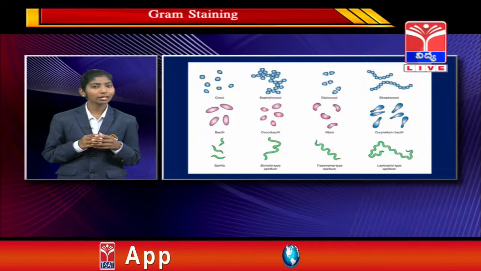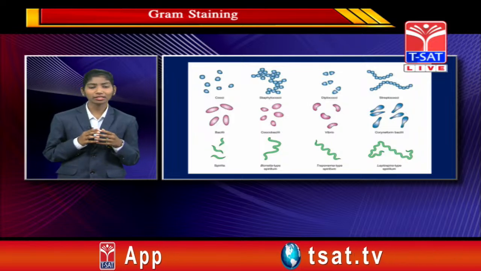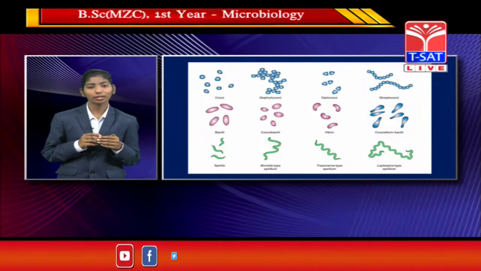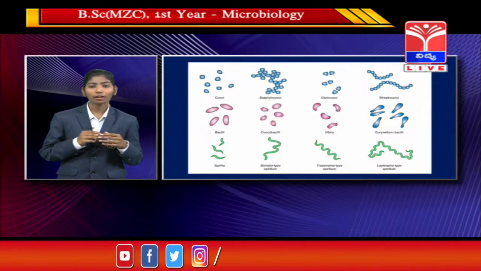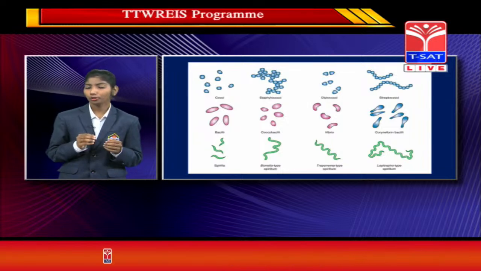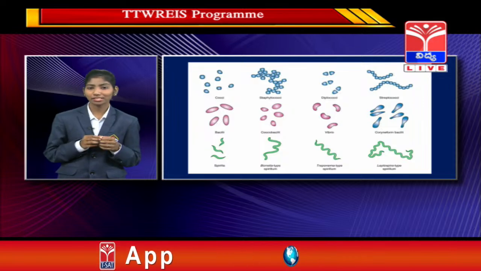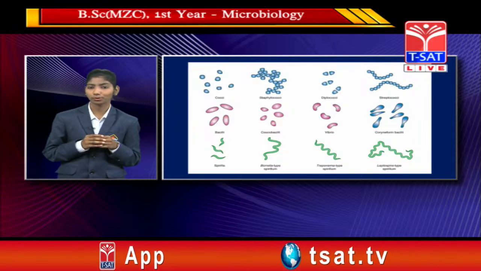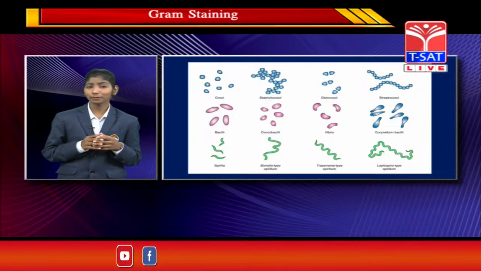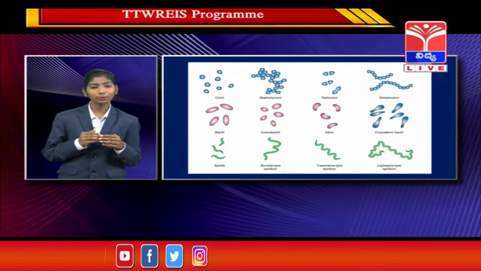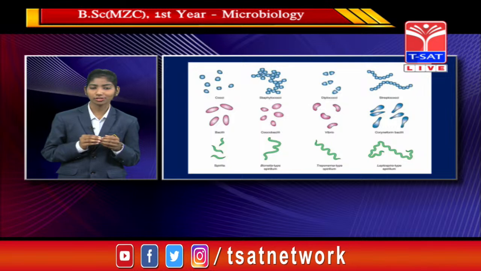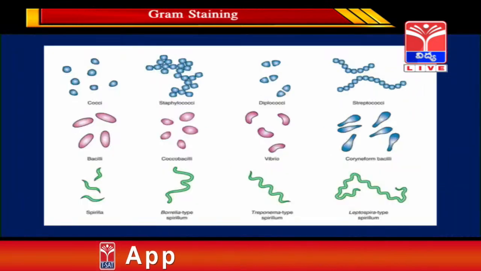More than 2 cocci are attached with each other to form a chain-like structure. This is known as streptococcus. And the last one is staphylococcus. It means more than 2 cocci are attached to form clusters of cells. These are known as staphylococcus.